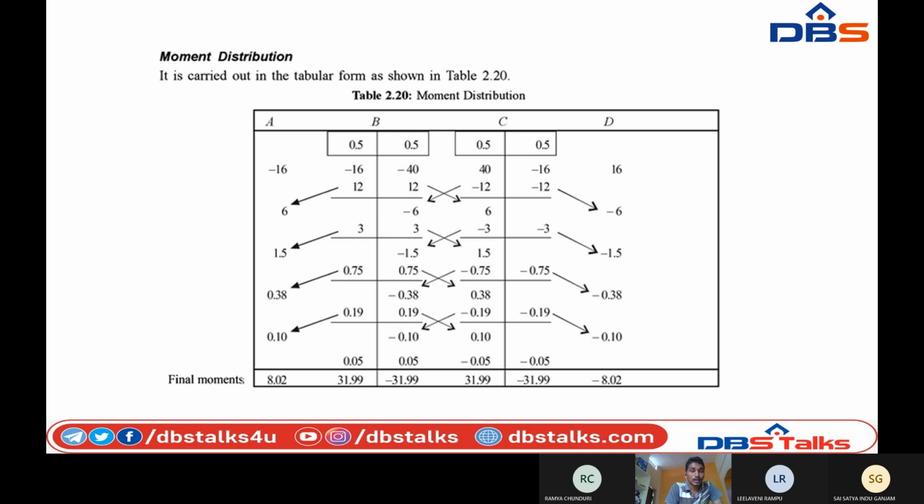The final moments are 8.02, 31.99, minus 31.99, 31.99, minus 31.99, minus 8.02.